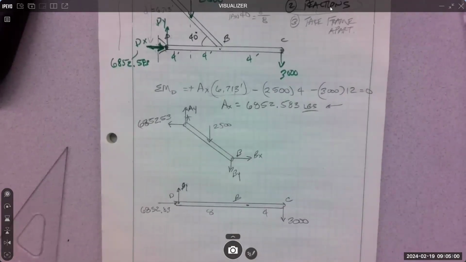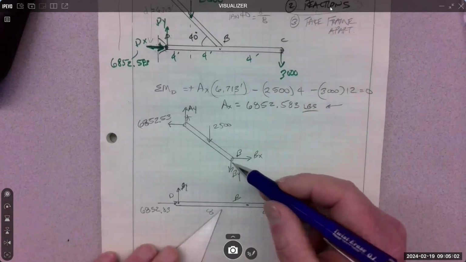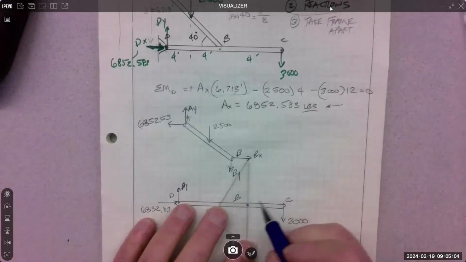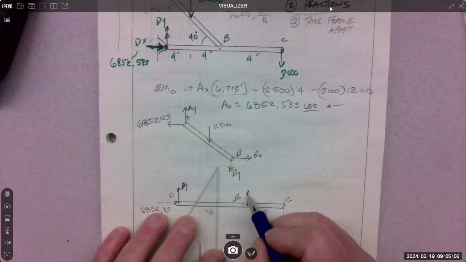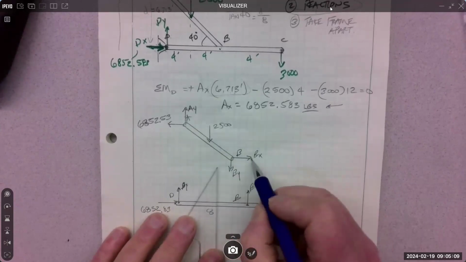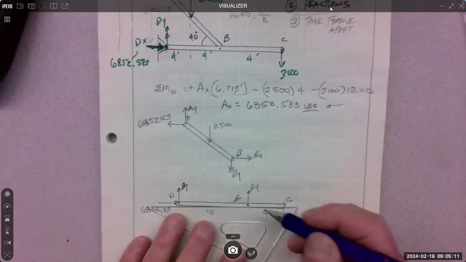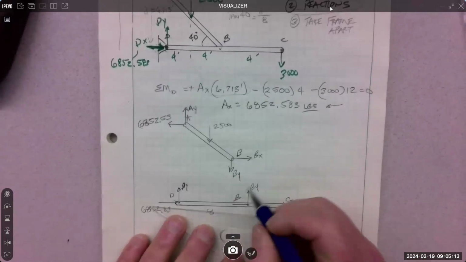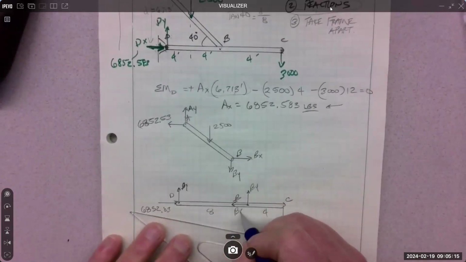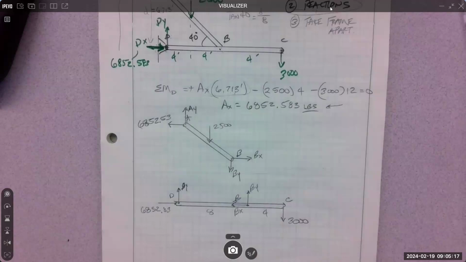Everything fights each other. So if you draw BY down here, you have to draw BY up here. If BX is to the right, then this BX has to be to the left. So when point B comes back together, it all equates to 0.